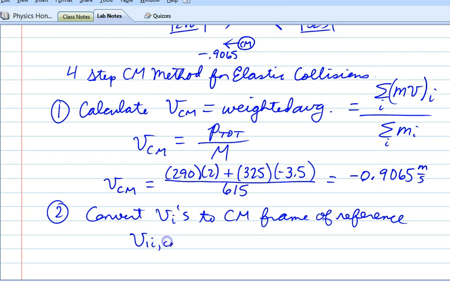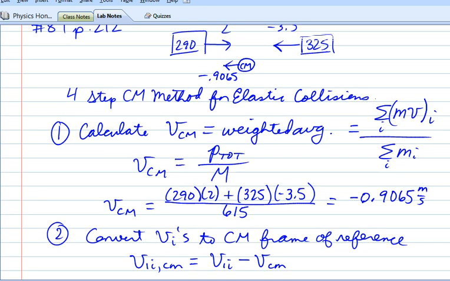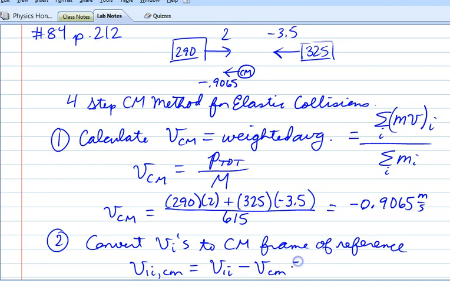V1 initial center of mass is equal to V1 initial minus V center of mass. And so let's try this with Jack. Jack is moving to the right at 2 meters per second, and we're going to subtract off negative 0.9065. So compared to the center of mass, Jack looks like 2.9065.